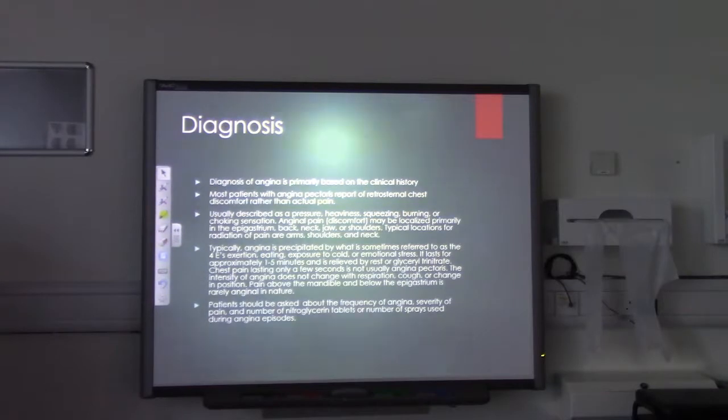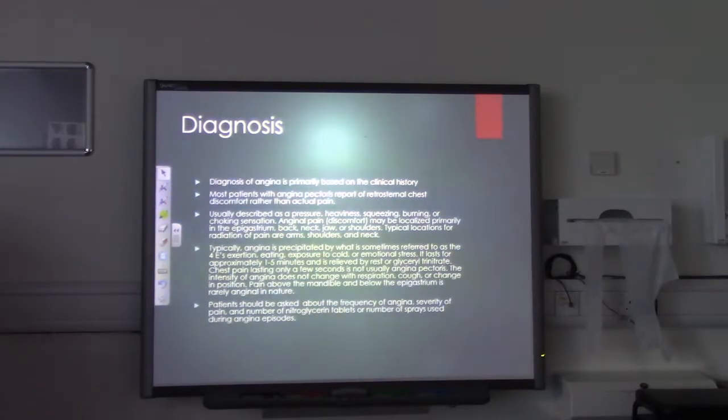Exposure to cold or emotional stress can also bring on an increased demand for the myocardium. With regards to emotional stress, that idea of the fight or flight and the increase in the force and rate of contraction associated with that.